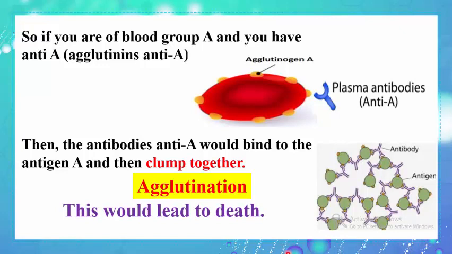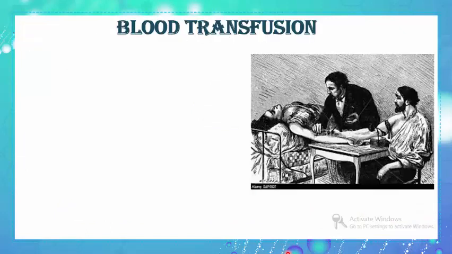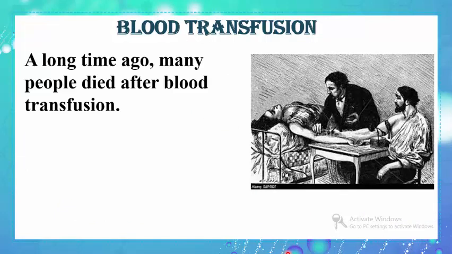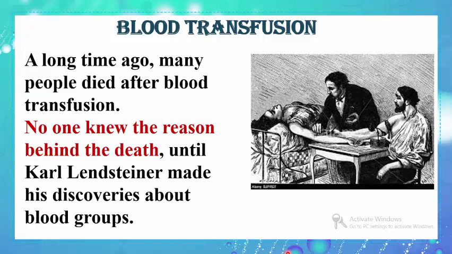Now, what is the relation between all that we mentioned till now and blood transfusion? Of course, you still remember that we stated before that a long time ago, many people died after blood transfusion, and the cause for this death was not clear until the scientist Karl Landsteiner made his discoveries about blood groups, and from that time, blood transfusion became safe.